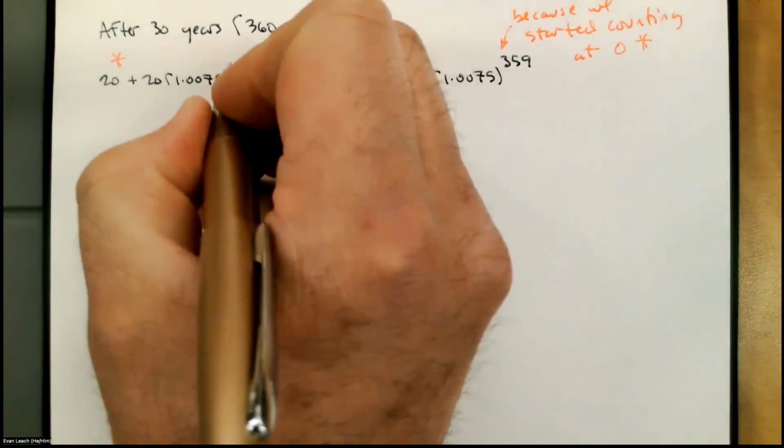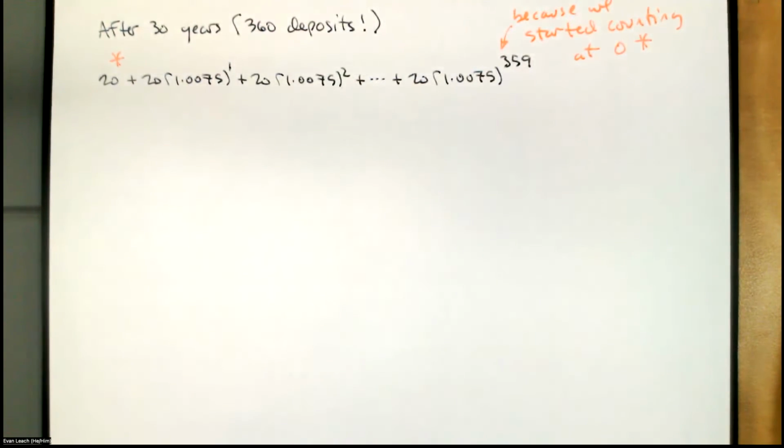Now, this is not something I want to punch into my calculator. There are 360 terms. That sounds awful.